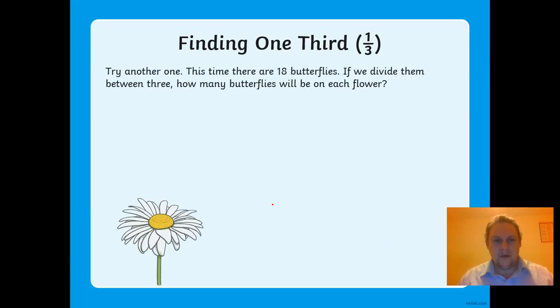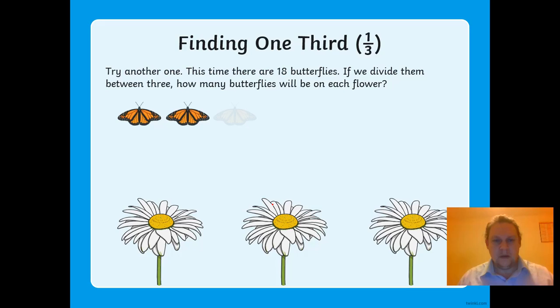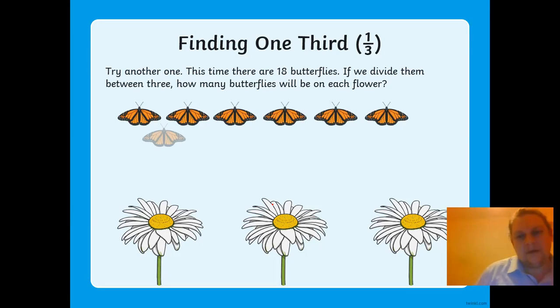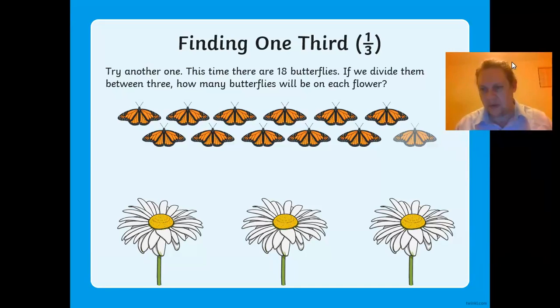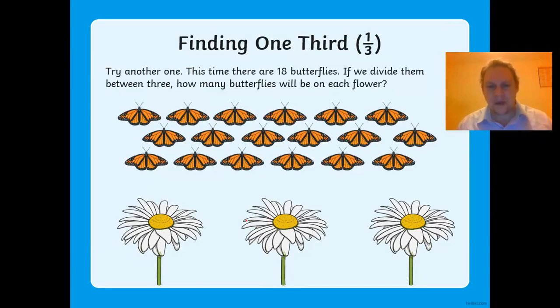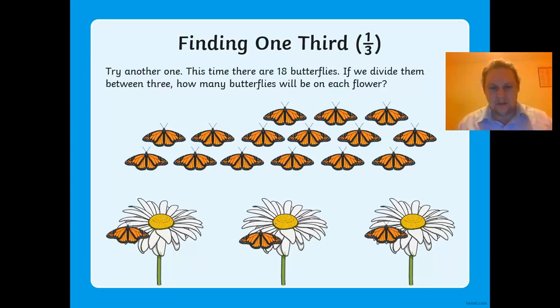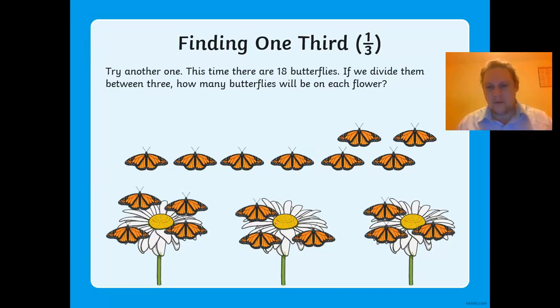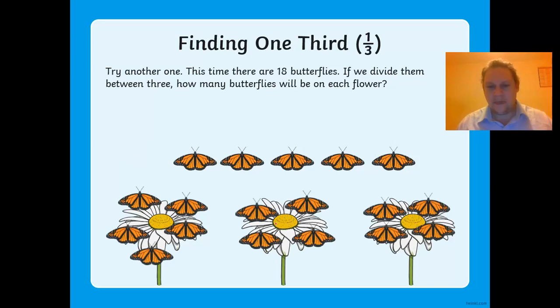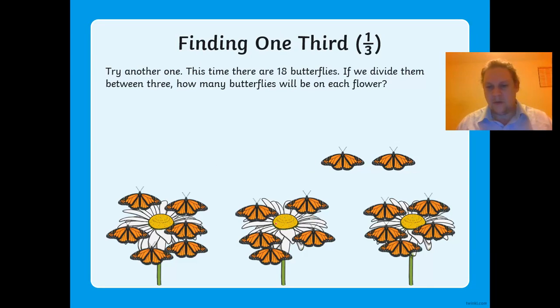All right, finding a third. This time we've got 18 butterflies. Okay, we've got to share these 18 butterflies between 3 flowers. There they are. So let's do that. We're going to use the 1 each time method. You'll remember when we're doing thirds, we have 3 equal groups.